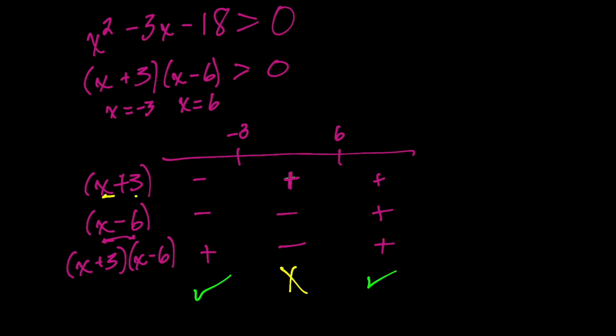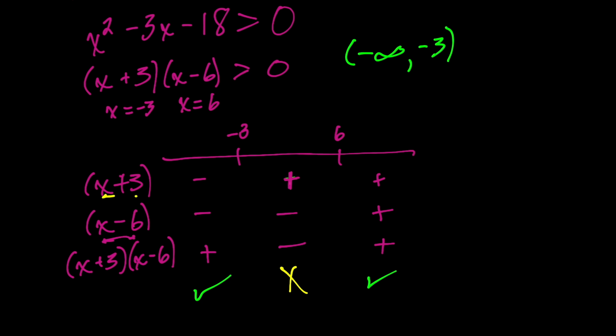All right, so notice a little bit of a difference here with the greater than. Instead of shading a region in between, we're going to shade regions in the exteriors. So things that make this inequality true are anything less than -3, but not equal to -3. So we're just going to say -infinity up to, but not including, the -3.